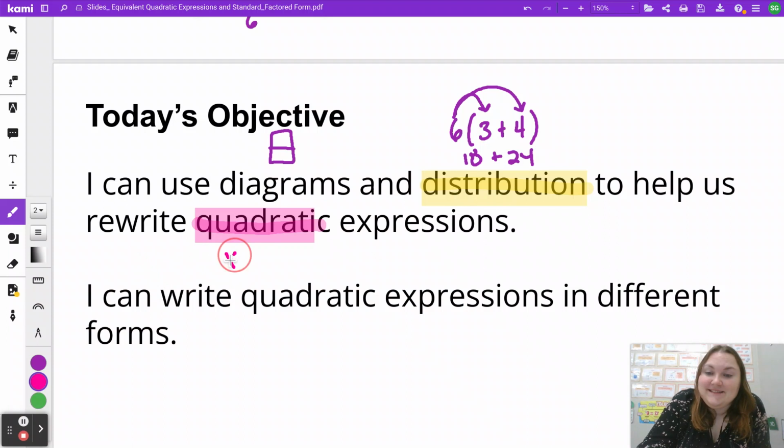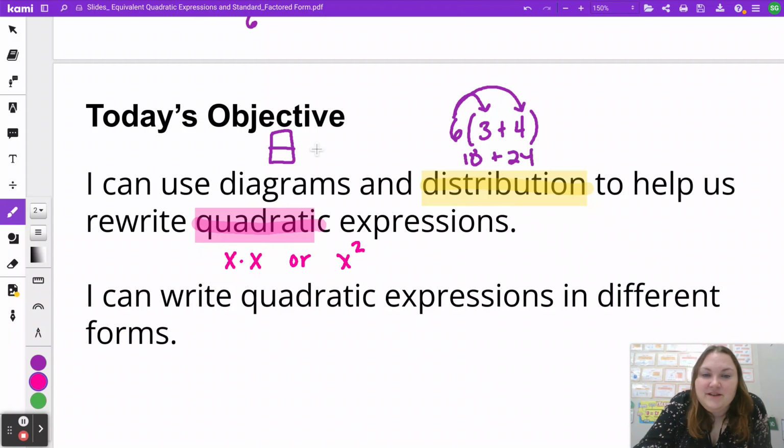So you might see something like x times x somewhere in the expression, or, well, x times x is x squared, so you might see x squared in the expression. In order to be a quadratic, it must have one of these things in it.